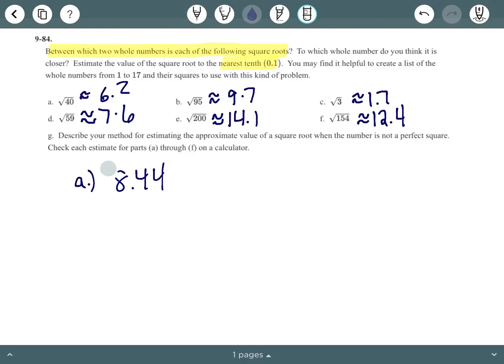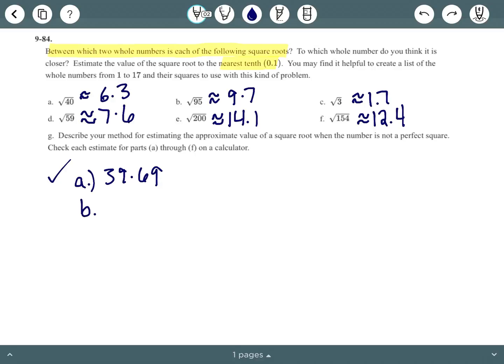So we might have been all right with our 6.4, but let's try 6.3 just to see. So we're going to put 6.3 squared into our calculator, and it gives us 39.69, which is a lot closer than that 6.2 or that 6.4. So A works out pretty nicely if we're rounding to the nearest tenth in our estimate.